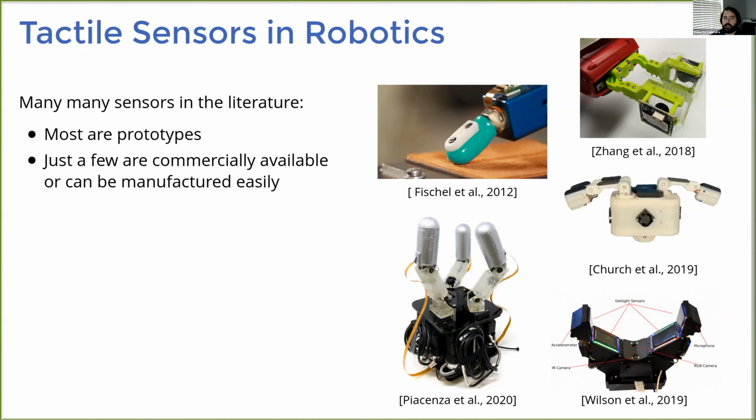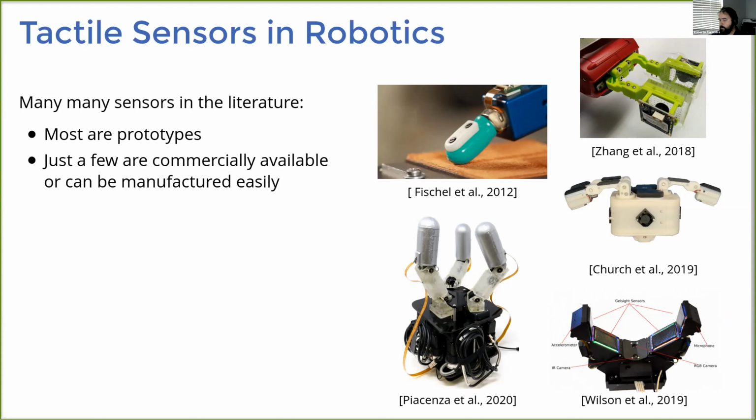And if we look at actual commercially available sensors that can be built or bought, there are very, very few of them. ViTac is probably the most known exception, you can actually buy them commercially.